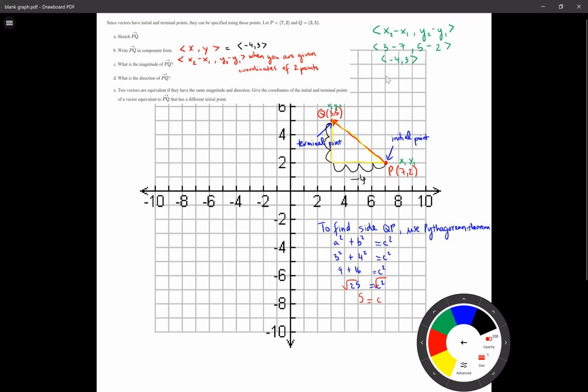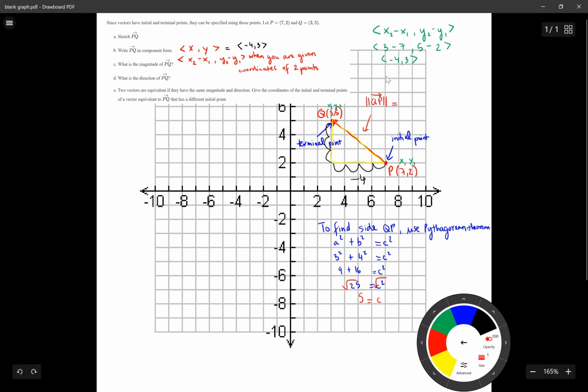So for the vector, we have x and y already. Then to find the magnitude of the vector, for this problem, the magnitude of PQ, that's the magnitude notation.